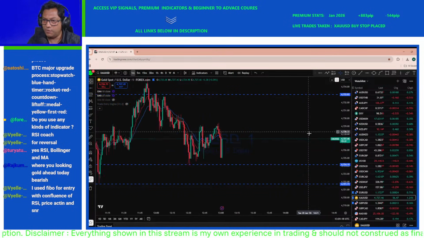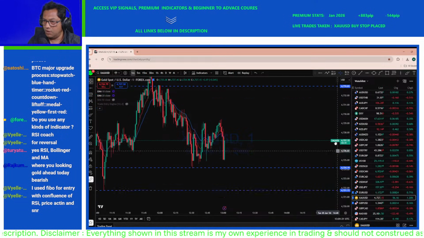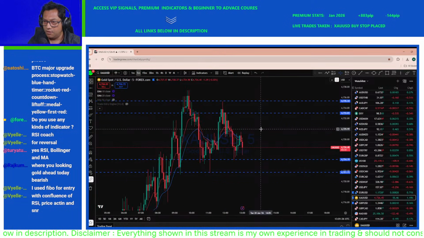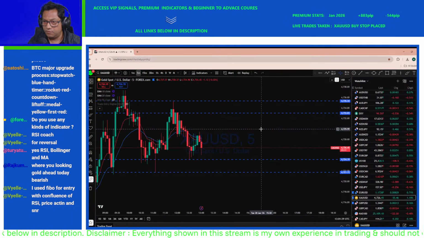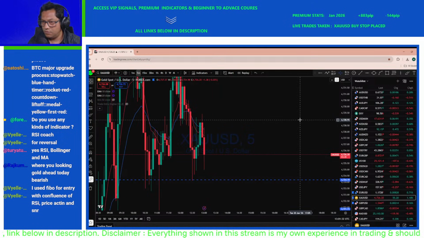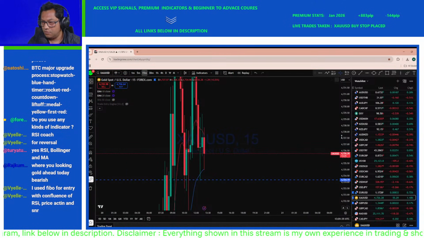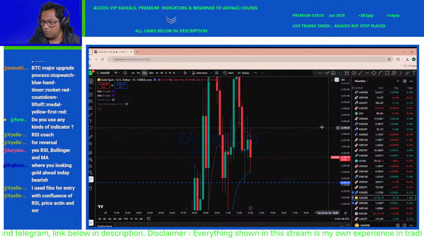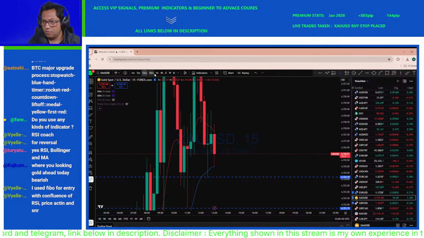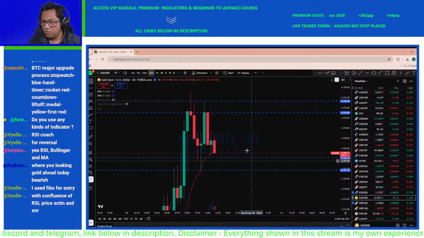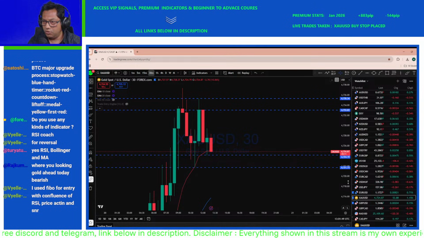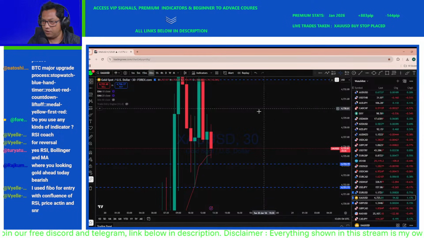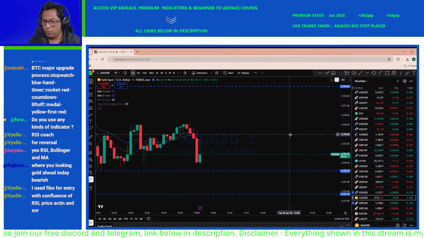Okay, so from this support level, the market is slowly trying to break back to the upside here. Now, breaking that low, potentially we might be able to find an entry after a deeper pullback here.